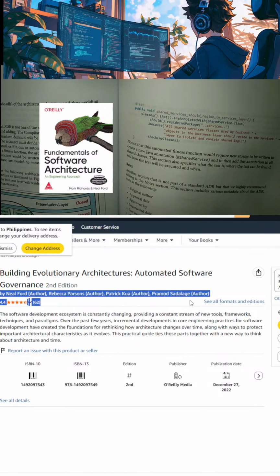Neil Ford na naman. Ay, parang interesting book, no? It's a specialization book. Okay, so I'll keep it in my wish list. Probably next year, I'll buy this.